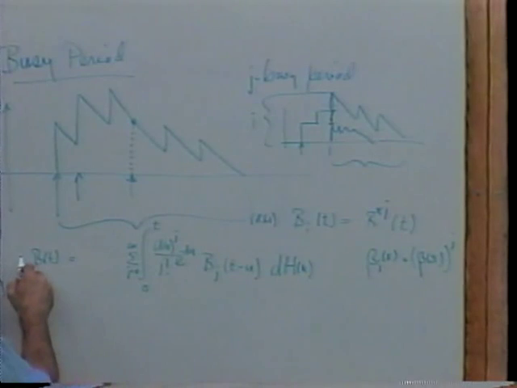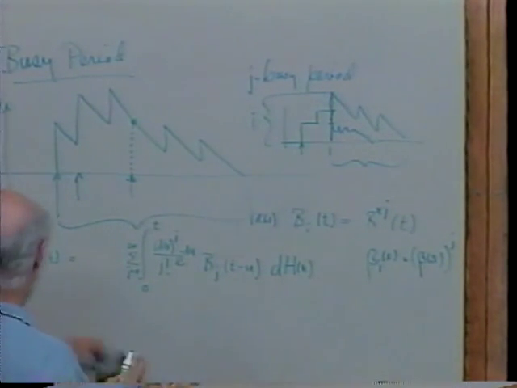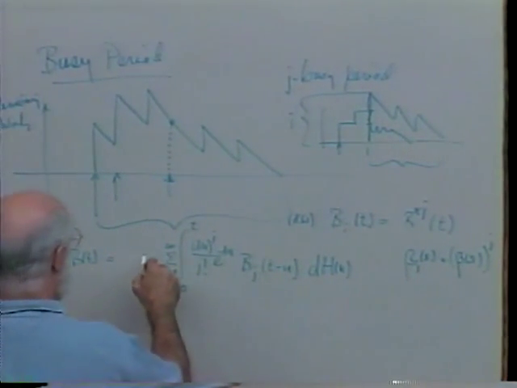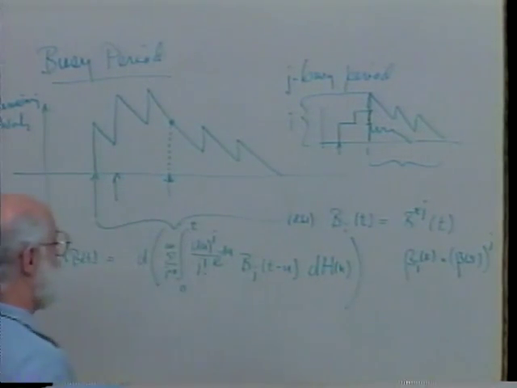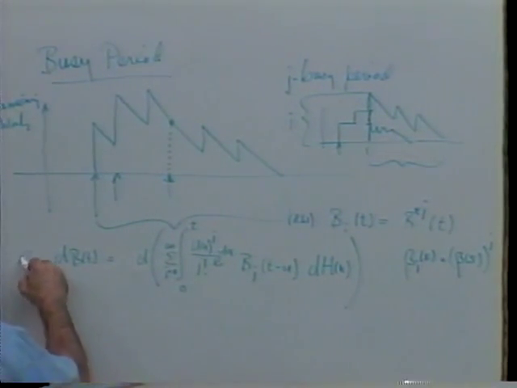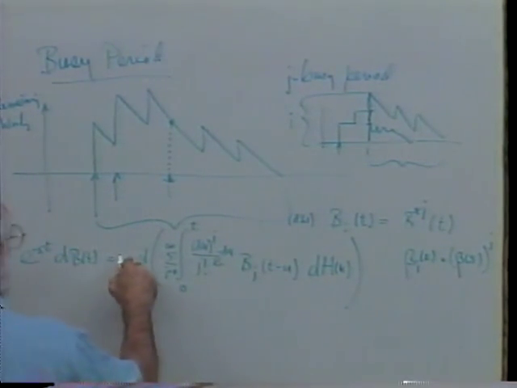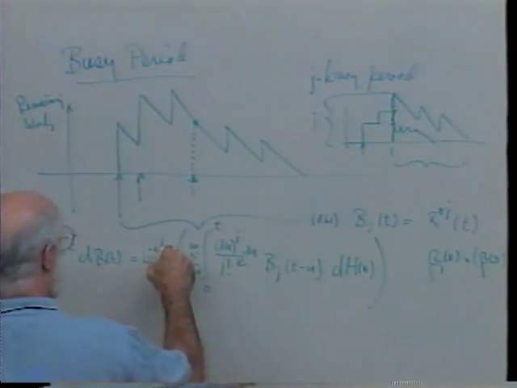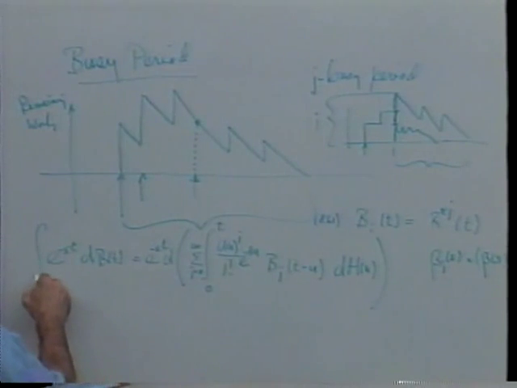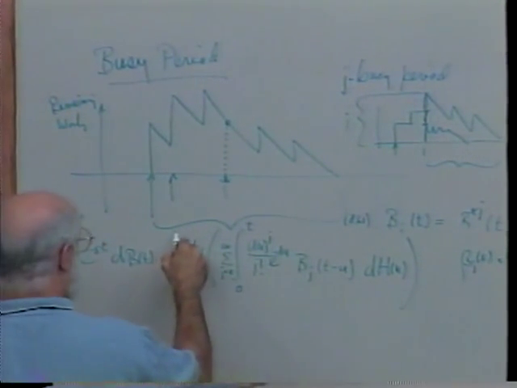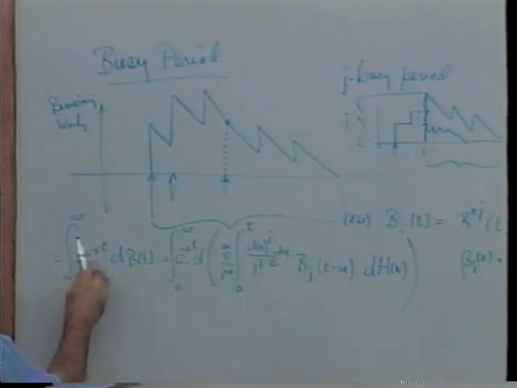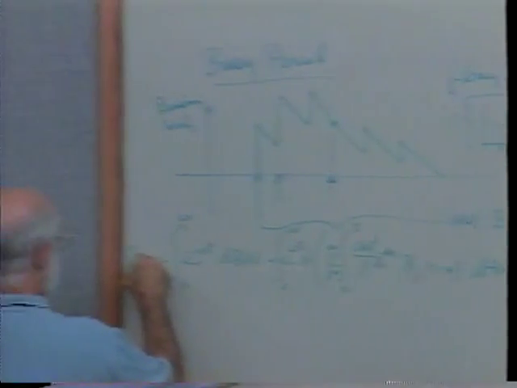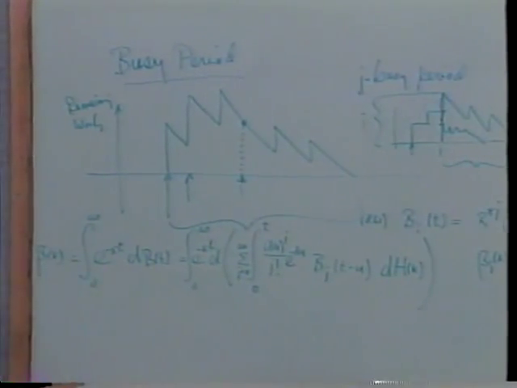Now I'm going to take d of that, then multiply by e to the minus st, then integrate from 0 to infinity. By definition, that thing is beta of s, the Laplace-Stieltjes transform.